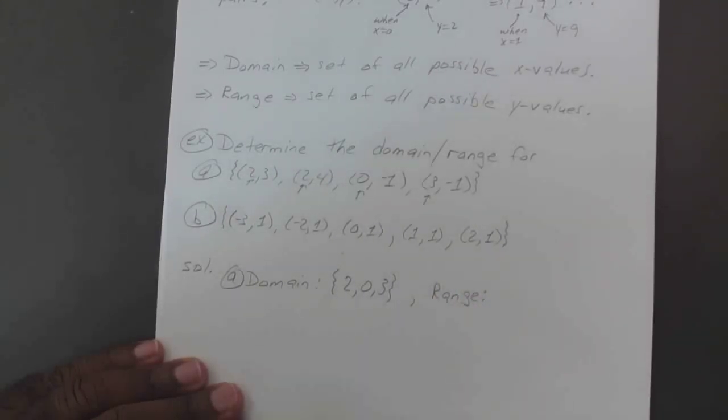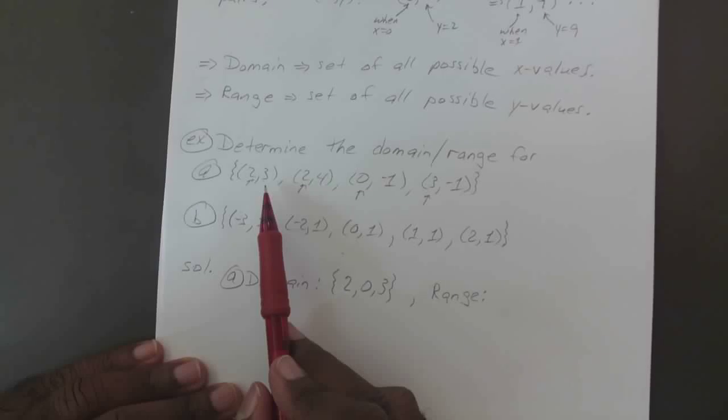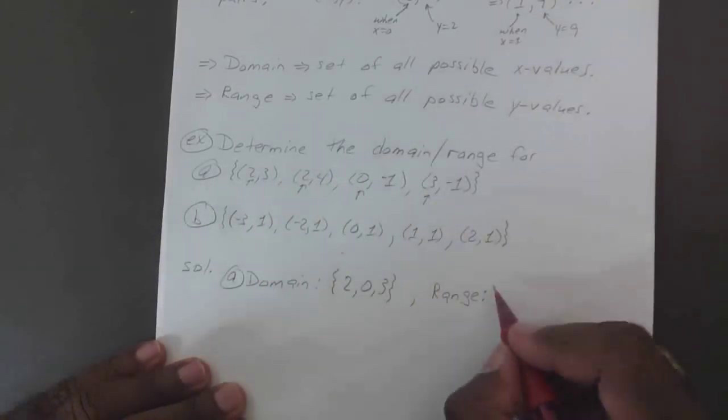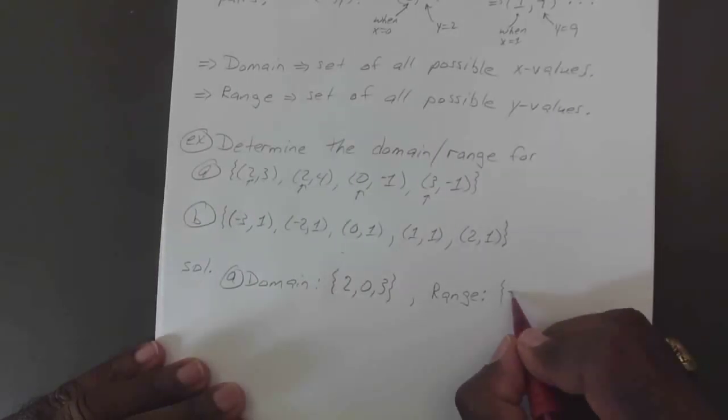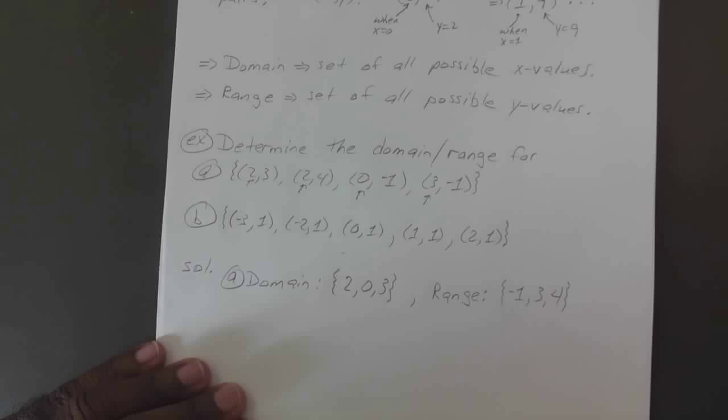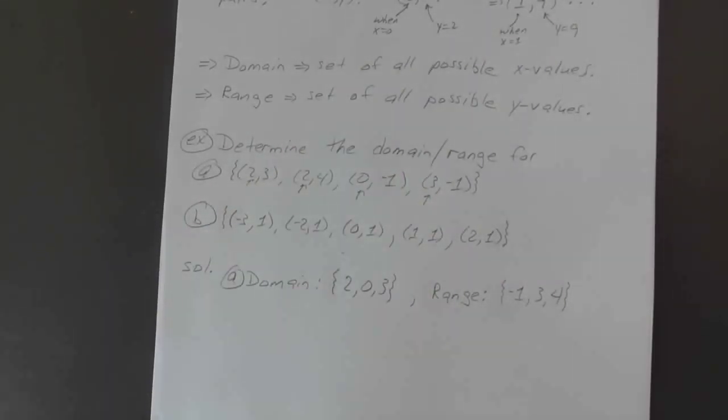Okay, and your range, remember, that's all possible y values. So you have 3, 4, -1, and -1. So you have -1, 3, 4. And we'll just put that in order just because.